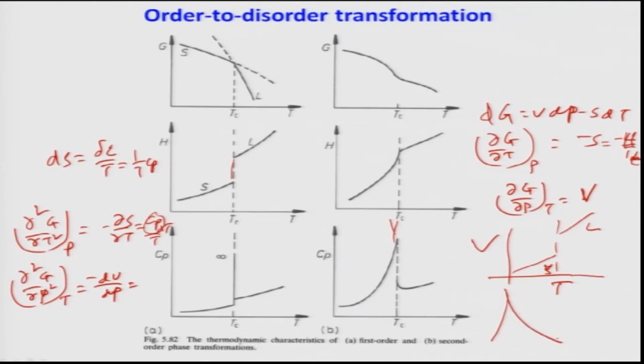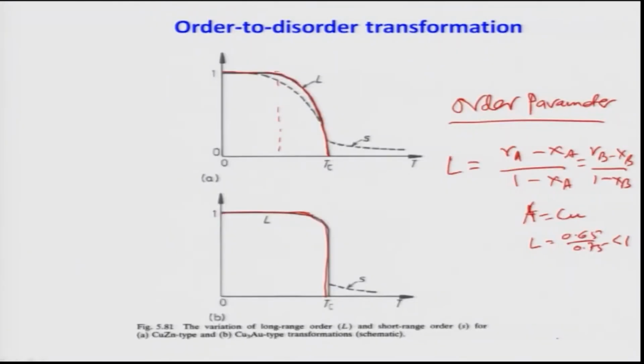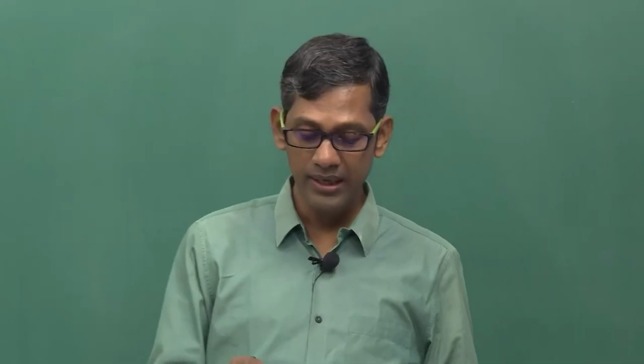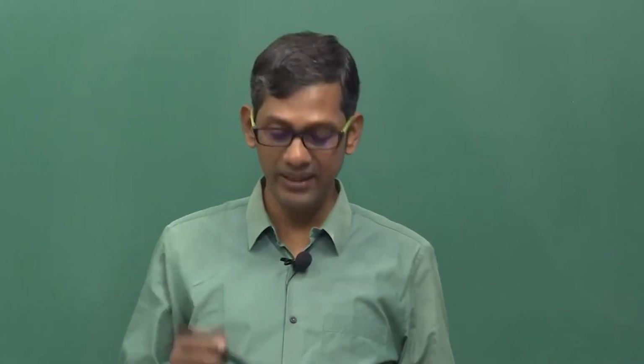Now, upon knowing these concepts, before I stop this lecture, this can be discussed. The one shown at the bottom, figure B, is basically a first order ordering transformation, and this one is known as a second order ordering transformation, because in the first case the order parameter sharply goes to 0 at the transformation temperature.